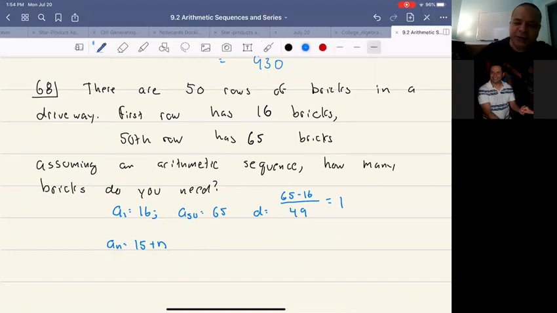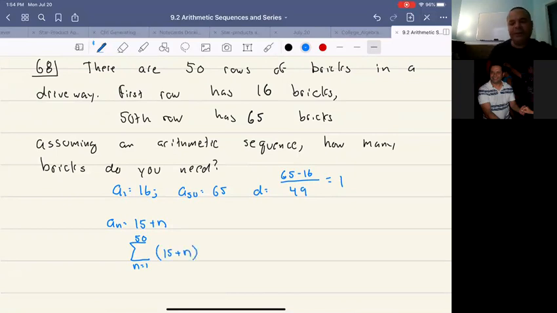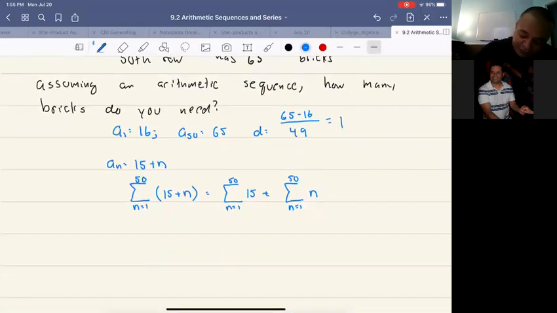Okay, so now we're going to take and we're going to sum. N goes from 1 to 50, 15 plus n. Okay, again, equals, we can take the sum, n goes from 1 to 50 of 15 plus the sum, n goes from 1 to 50 of n. 50 times 15, that's one I actually know, that's 750.